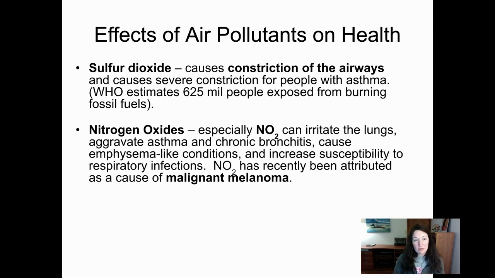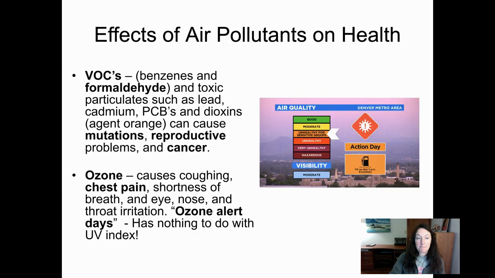Nitrogen oxides also contribute to acid rain, but they can also irritate the lungs and aggravate asthma and chronic bronchitis. There's also been recent research that has shown that nitrogen dioxide can also contribute to malignant melanoma, which is a type of skin cancer. So they're not just causing acid rain, they're also harming people's lungs as well.